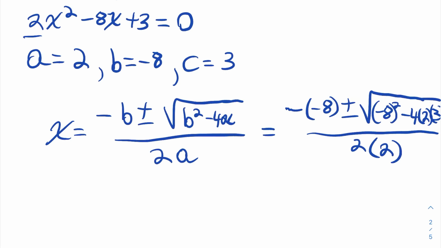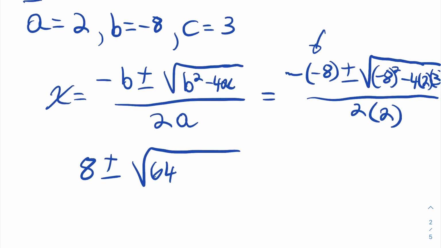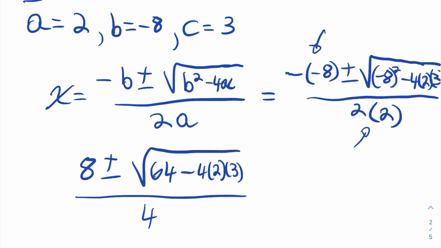Alright, so I like to calculate the discriminant first. Negative b is just 8. To calculate the discriminant, we've got b squared, which is 64, minus 4 times 2 times 3, and 2 times 2 is just 4.